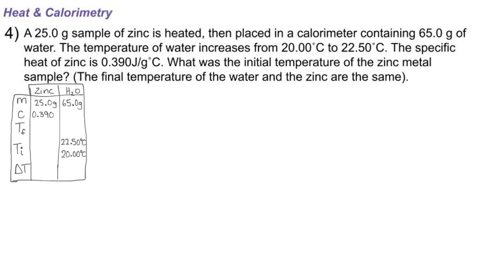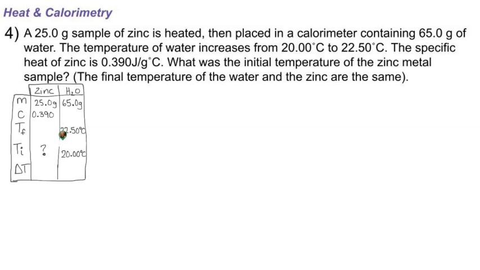So we're asked to find the initial temperature of the zinc metal, and it tells us the final temperature of the water and the zinc are the same. But even if it didn't actually tell us that, we could know that because heat will continue to move until we reach an equilibrium temperature. So we'll just move that up into the right place there.